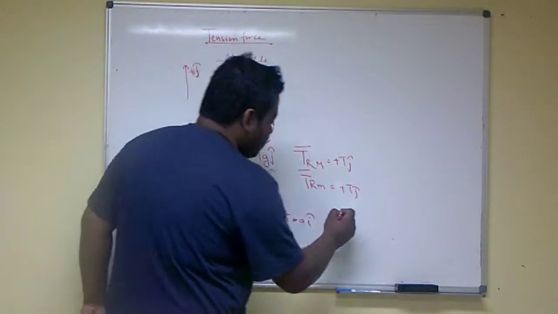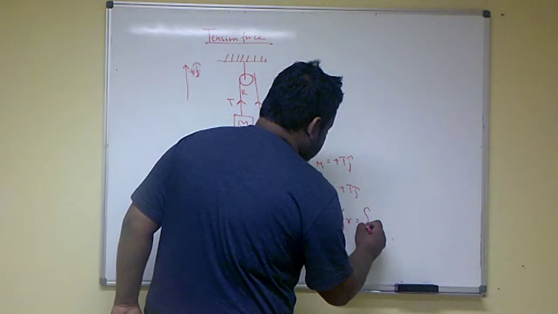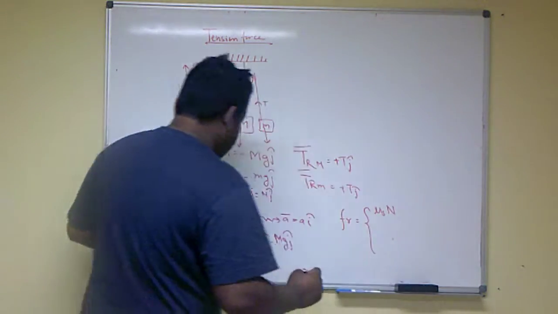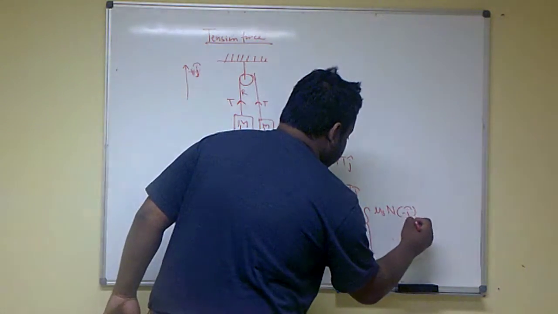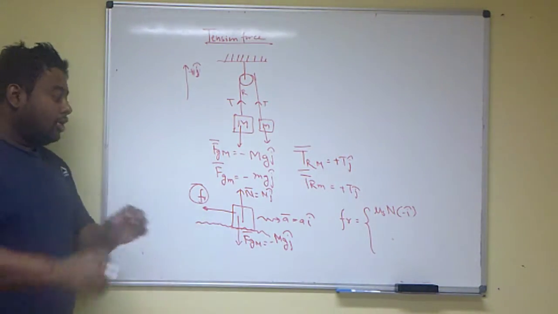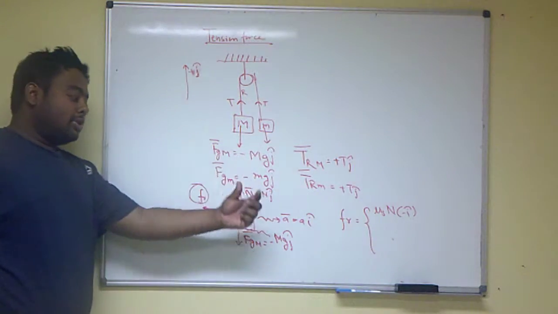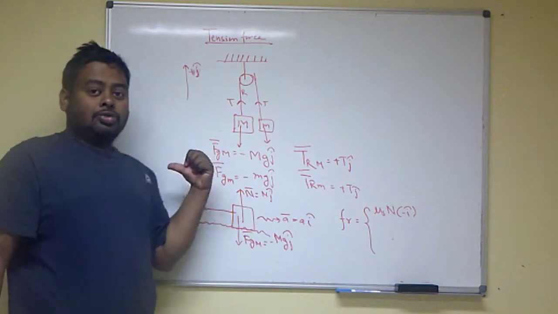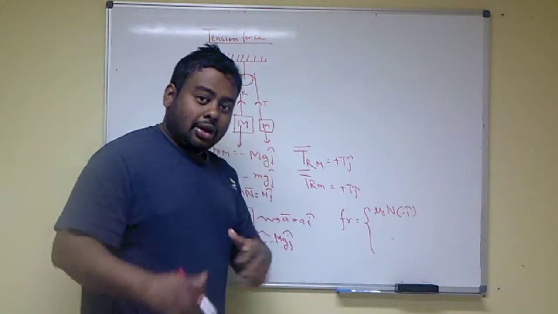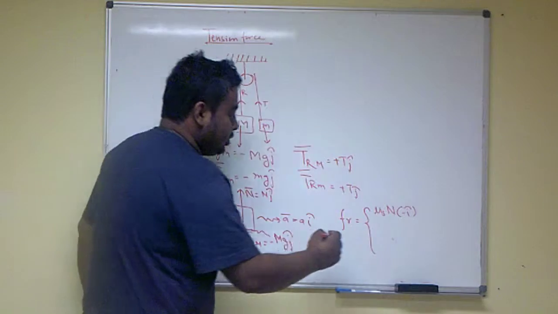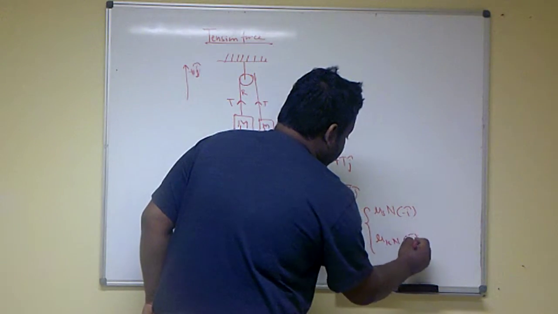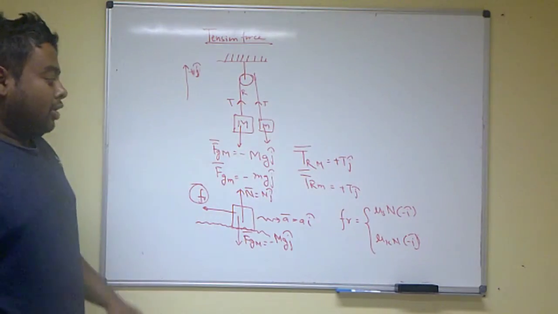This frictional force will be equal to mu s N in the minus i cap direction, the direction opposing the movement. If the movement is in the plus x direction, then the friction will be in the minus i cap direction, with a magnitude of mu s N minus i cap. And I'm coming to the conditions: mu k N minus i cap in the other case.